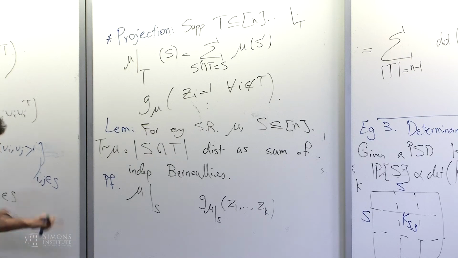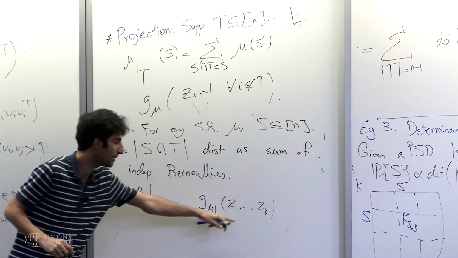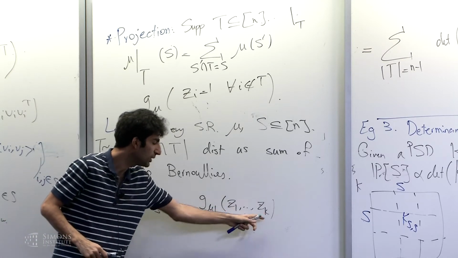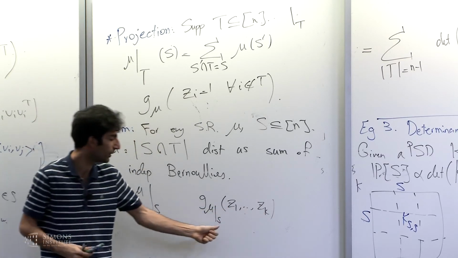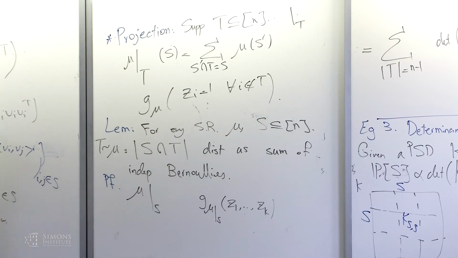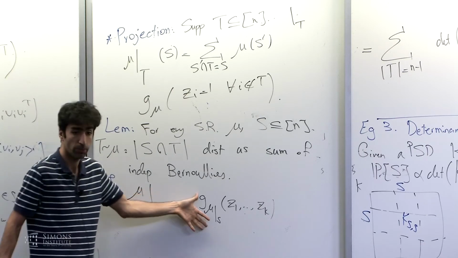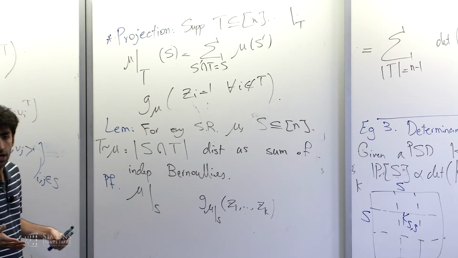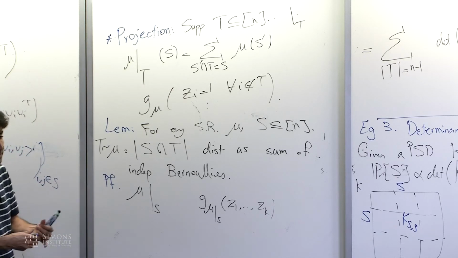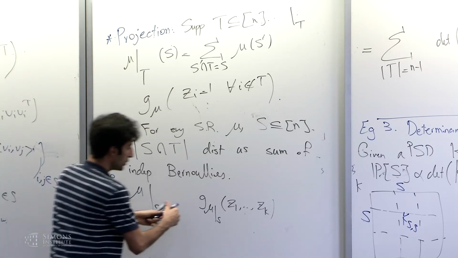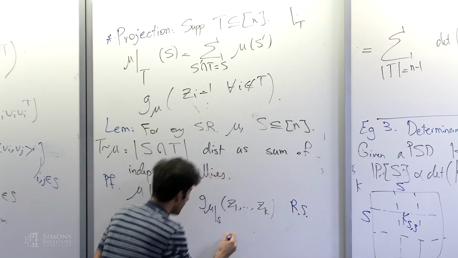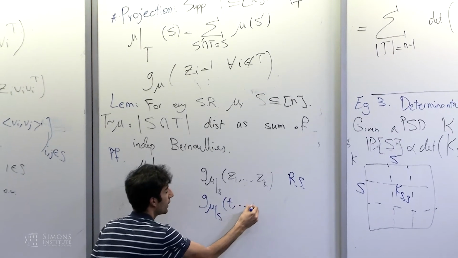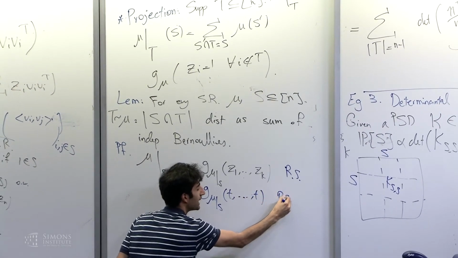K must be less than or equal to the size of S; basically, I will have one variable for every element in the set S. This is the generating polynomial of the projected distribution. Then I do symmetrization. I'm going to have the same variable for all of these. So this polynomial is real stable. Now this other polynomial, where you project and put t for everything, is also real stable.